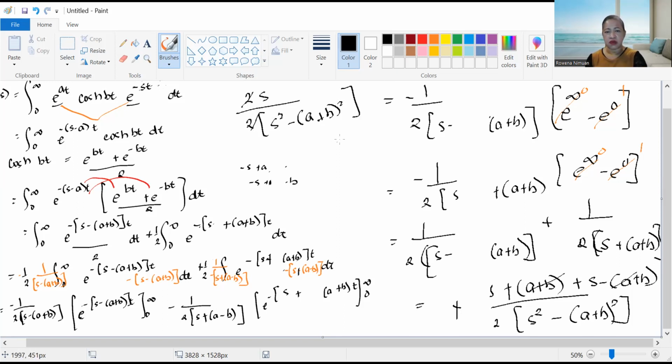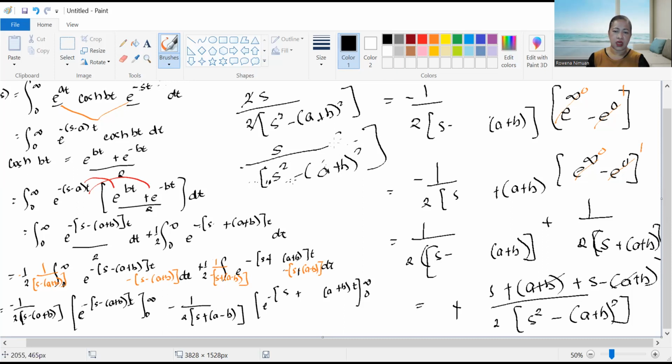I can cancel this. Now what remains from our equation is s over s squared minus a plus b squared.